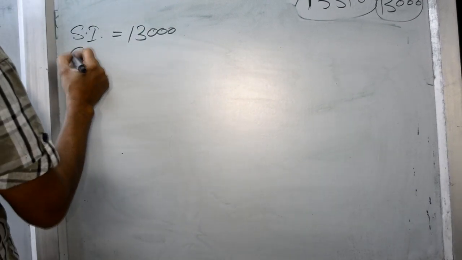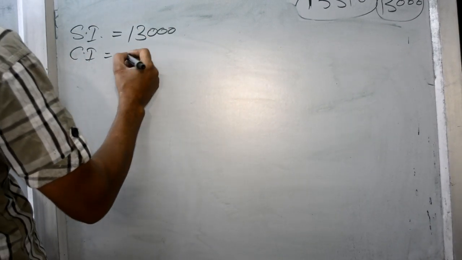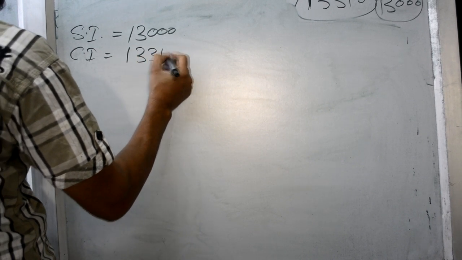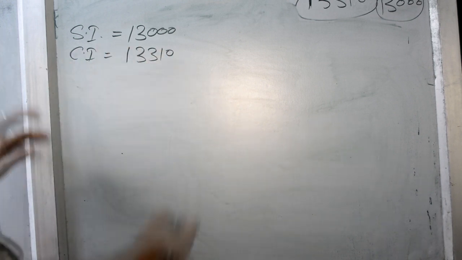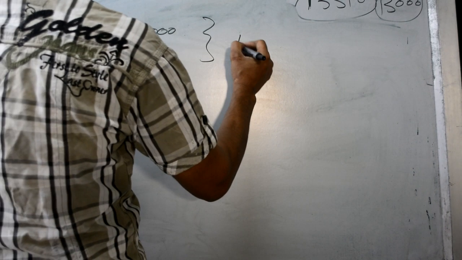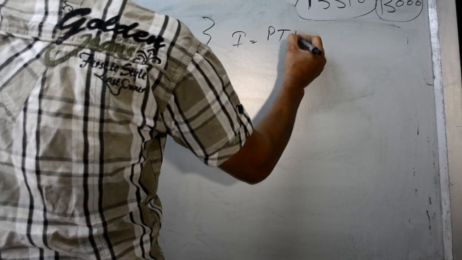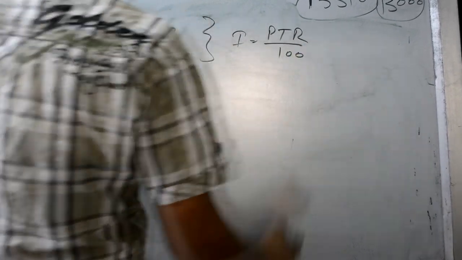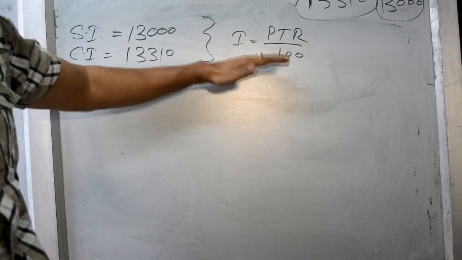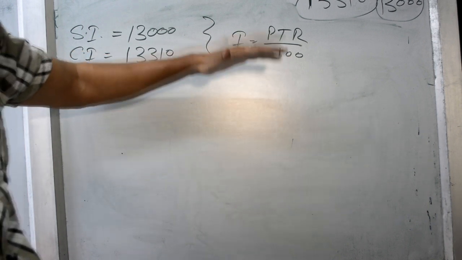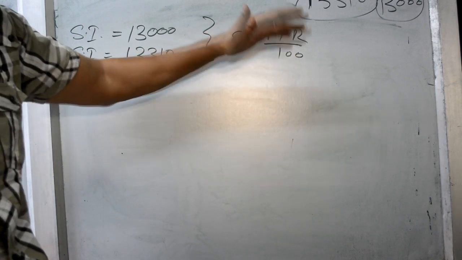When we used the compound interest formula, the answer was 13,310 rupees. Now the formula for both was the same: interest is equal to PTR upon 100. For compound interest, we used this formula in three parts, for the first year, for the second year, for the third year.